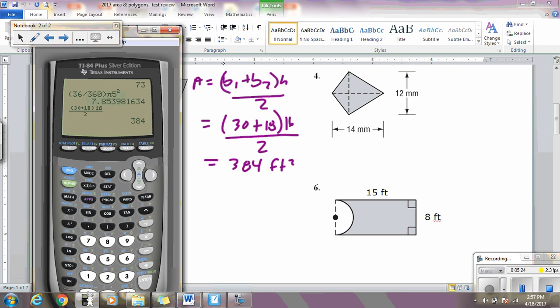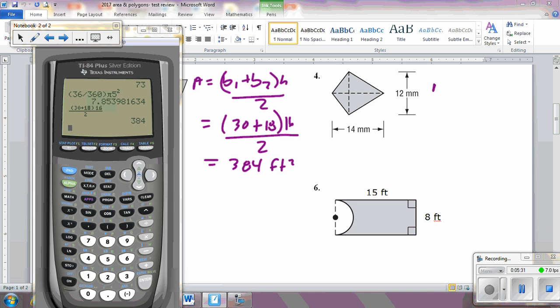Number 4, we have a kite. So the area formula for a kite is equal to diagonal 1 times diagonal 2 over 2. So diagonal 1 is 14 times diagonal 2, which is 12, over 2.